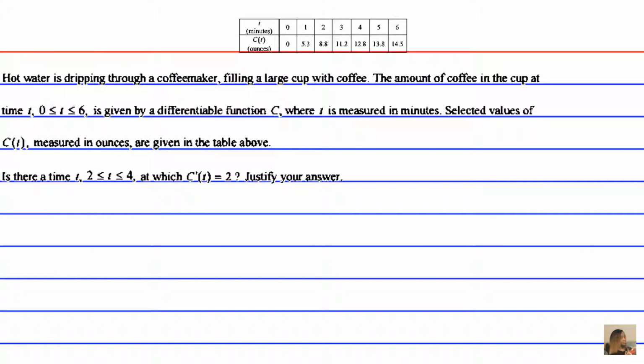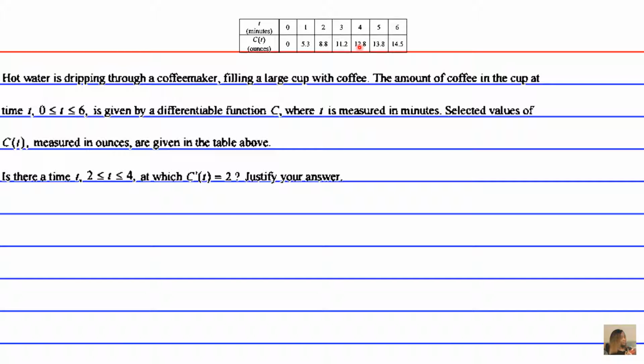Okay, so I already told you that you need to know the mean value theorem for this problem. But what's interesting is that they're saying c prime of t is equal to 2, and notice the interval is 2 minutes to 4 minutes. Let's pretend these are our y values, the rise, and the slope.